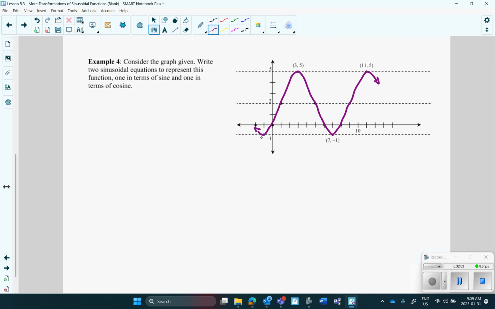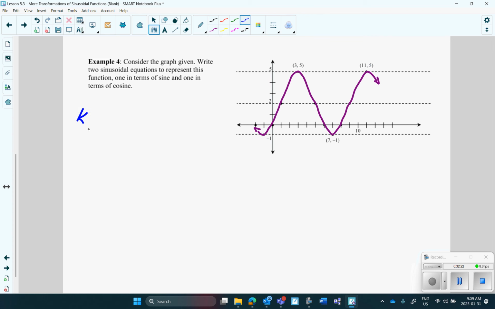Right? So K and A will always be the same for both. Always. It's B and H that will change. Actually, sorry, my mistake. B won't change either. K, A, and B will stay the same.